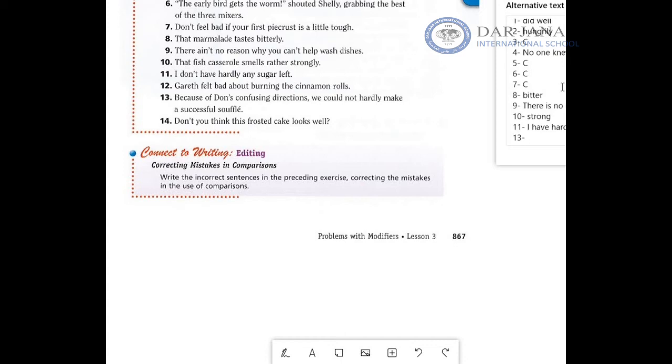Could hardly make. Sentence 14. Don't you think this frosted cake looks well? The problem here is in the use of good or well. Well is used incorrectly. The correction is good.